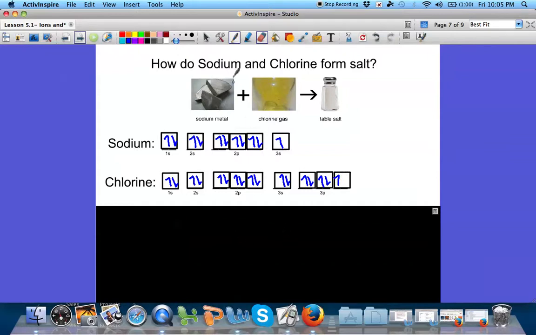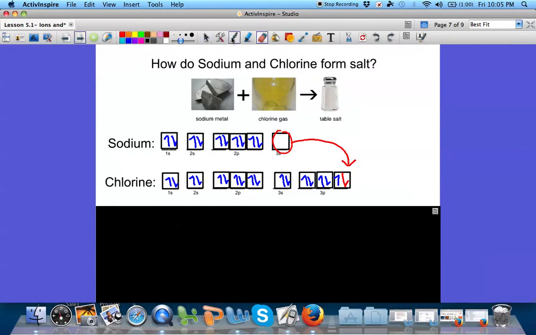So sodium is going to lose its 1 valence electron, and it's going to come over here to chlorine to fill chlorine's outermost energy level, giving chlorine a 1 minus charge. So now both sodium and chlorine have a full octet in their outermost energy level.